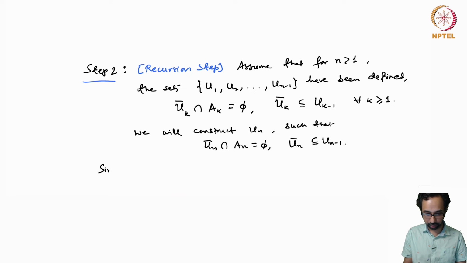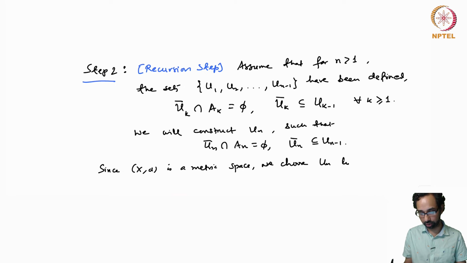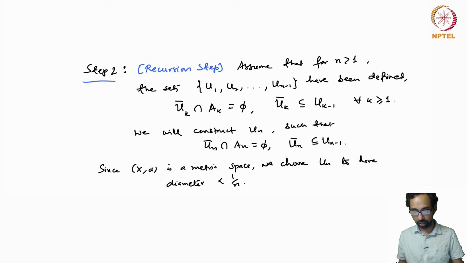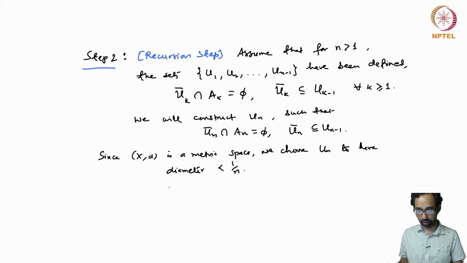Since X is a metric space, we choose Un to have diameter less than 1 over n, and we will see what this entails. Because we have the metric space situation, we can restrict our diameter to as small as possible, and therefore we can choose Un to have diameter less than 1 over n.